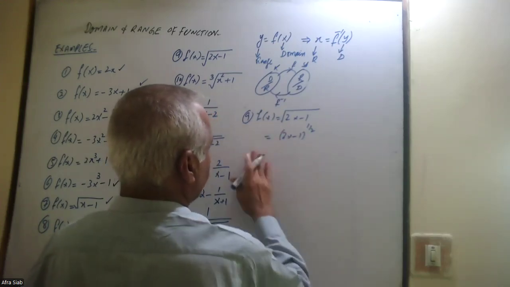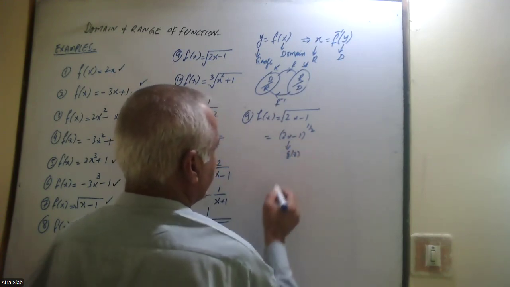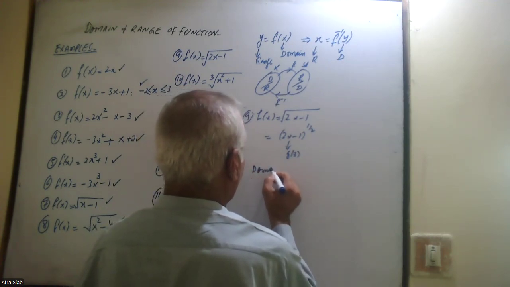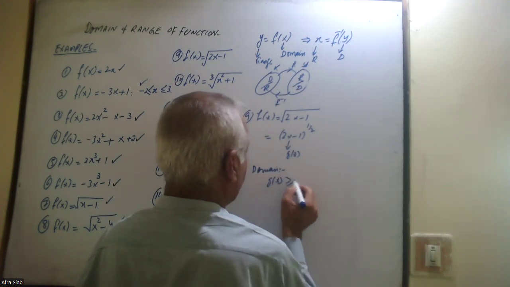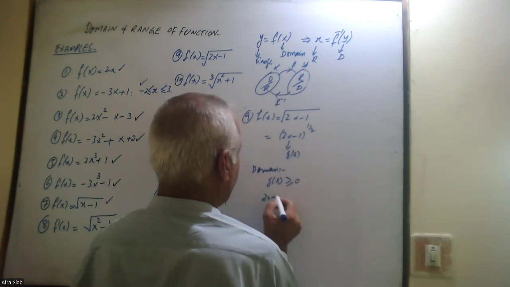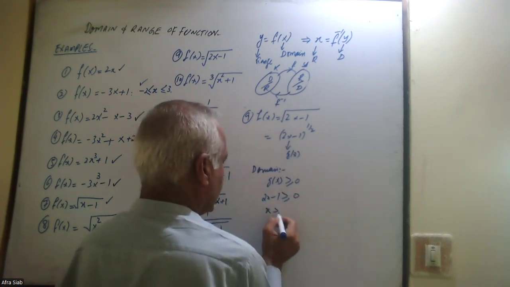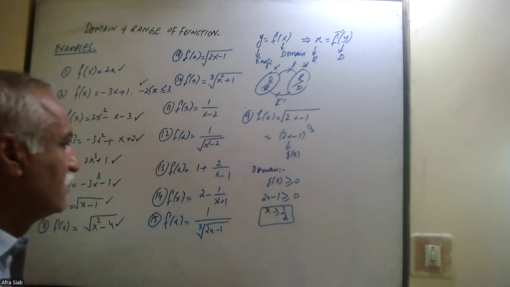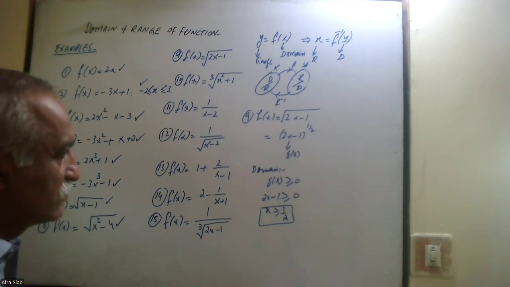Let's say the new function g of x is inside of the square root. So we know that for this domain, g of x should be greater than or equal to 0. That means 2x minus 1 is greater than or equal to 0, or x is greater than or equal to half. So x greater than or equal to half is the domain for this function f of x equals the square root of 2x minus 1.